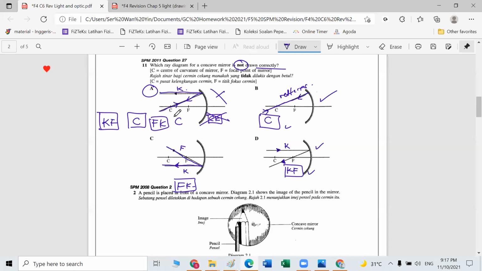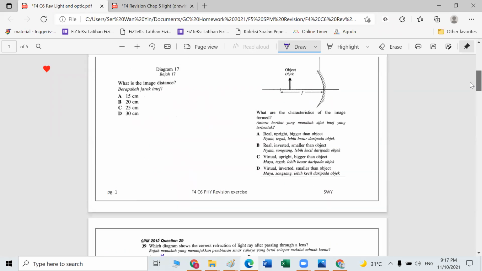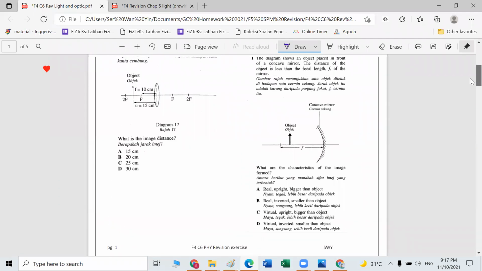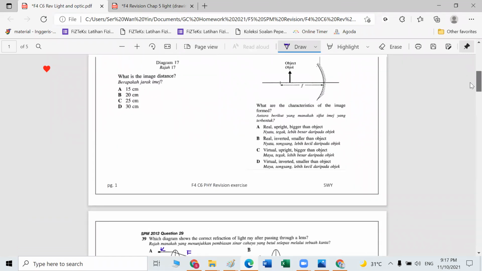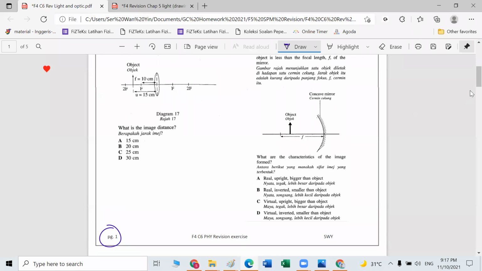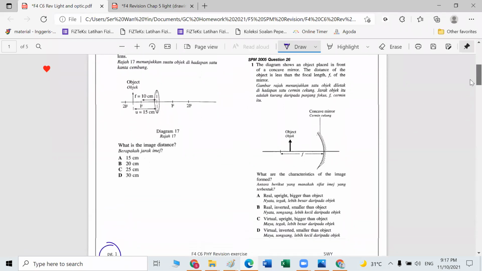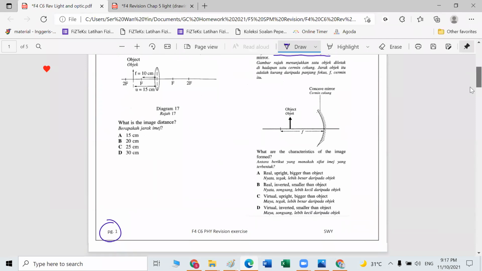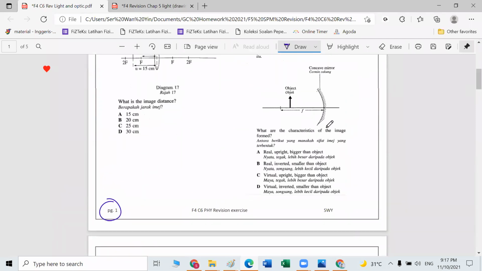KFC, FK, so CK is wrong. Now look at page 1 at the bottom of your right hand side. Object placed in front of a concave mirror. The distance of the object is less than focal length. What are the characteristics of the image formed?